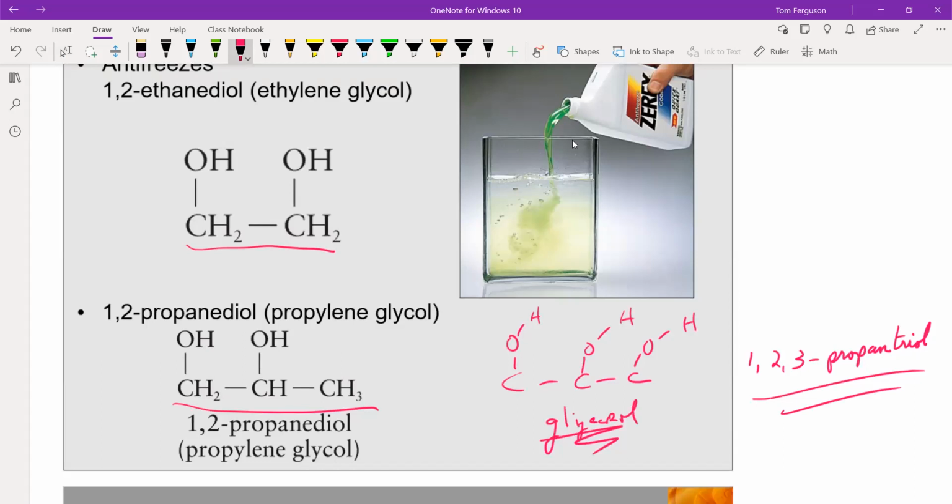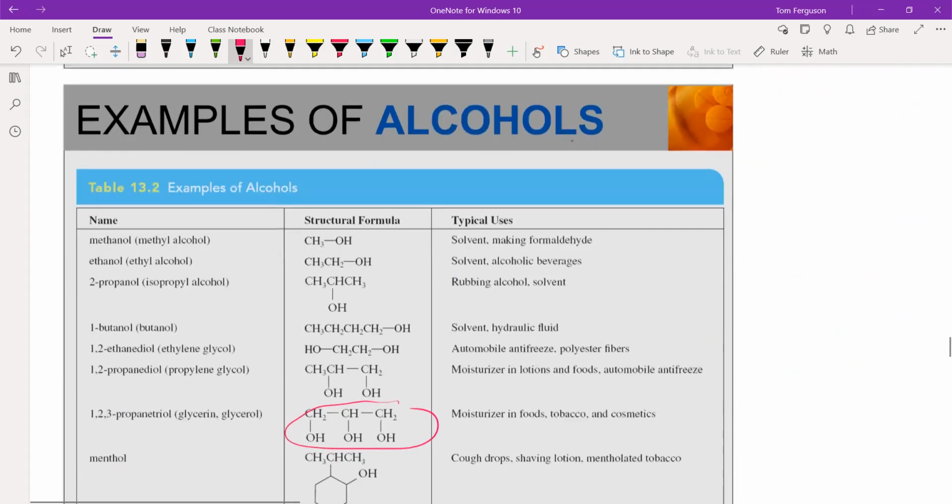When you take fat under alkaline conditions, you end up producing glycerol and soap.